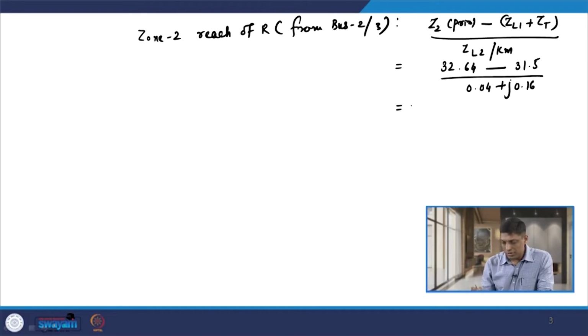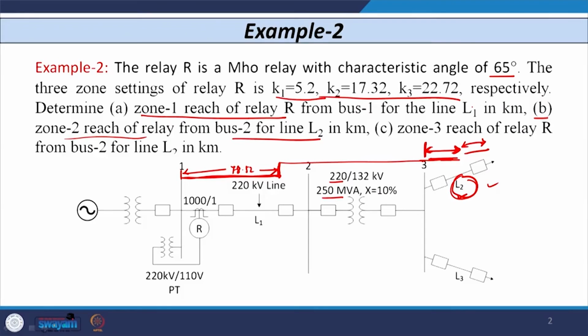If you solve this, you will get the value 6.91 kilometer. If I look at this figure, this value is 6.91 kilometer from this bus, from this point. So, the second zone reach of relay R for line L2 is only 6.91 kilometers. Now, let us solve for zone 3 reach of relay R.